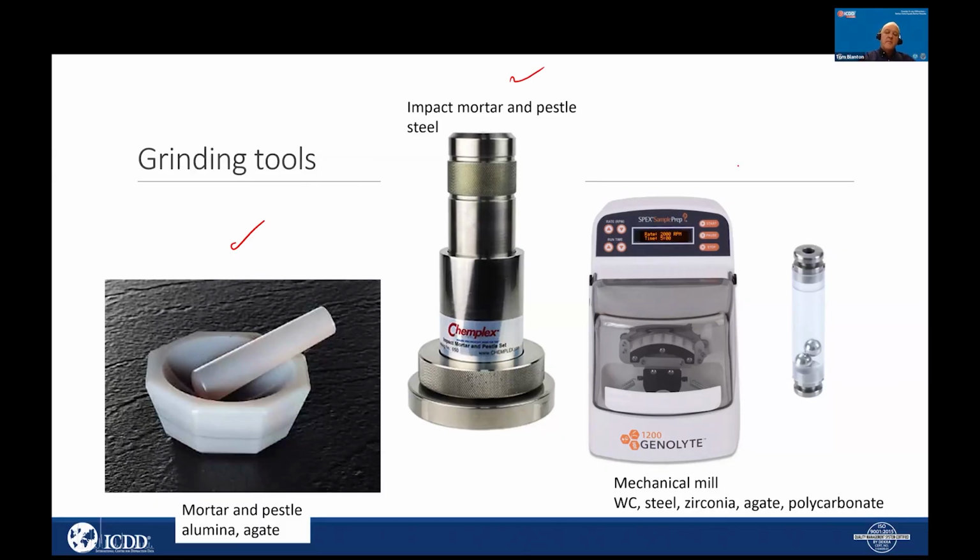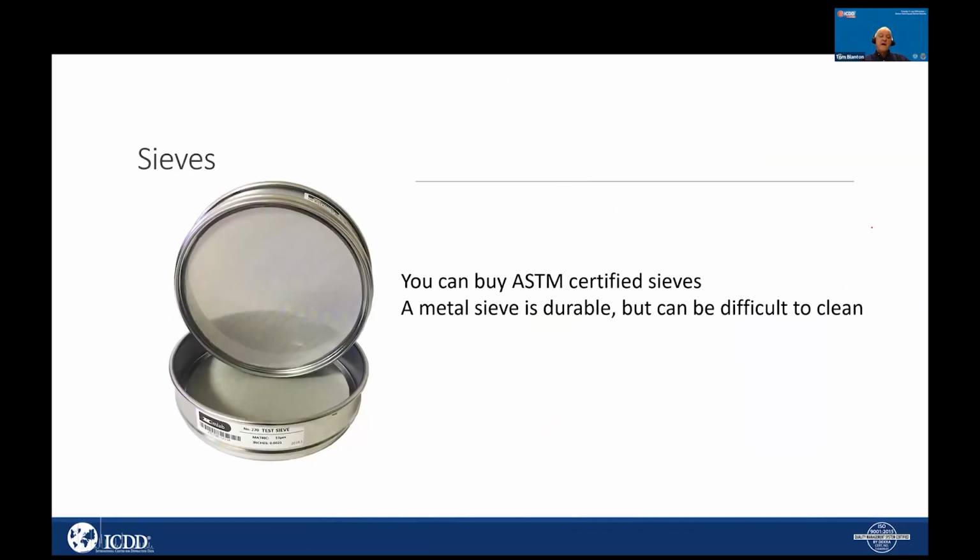And then there are mechanical grinders, such as this mechanical mill, that you put some particles inside a tube, and then you have beads of tungsten carbide, steel, zirconia, agate, even polycarbonate that would then grind the sample down to some kind of fine size.